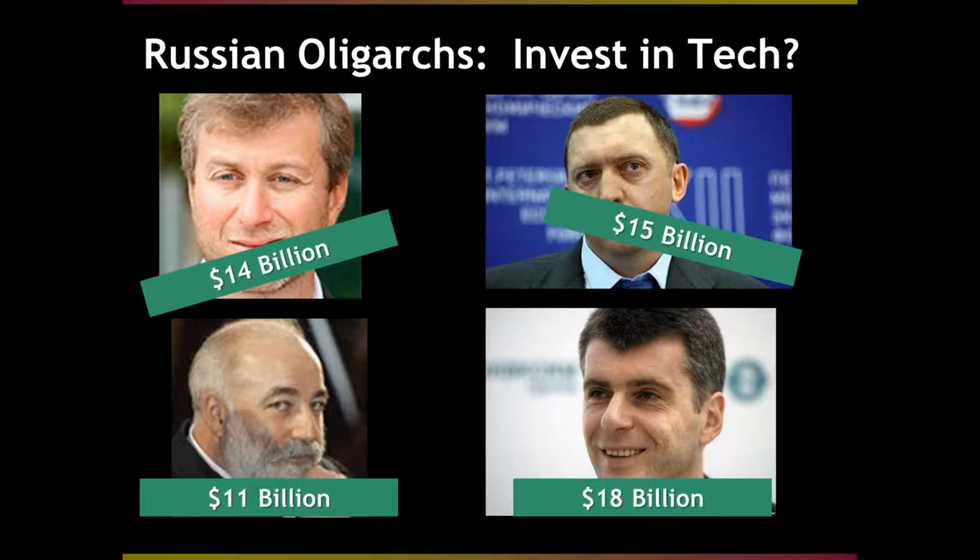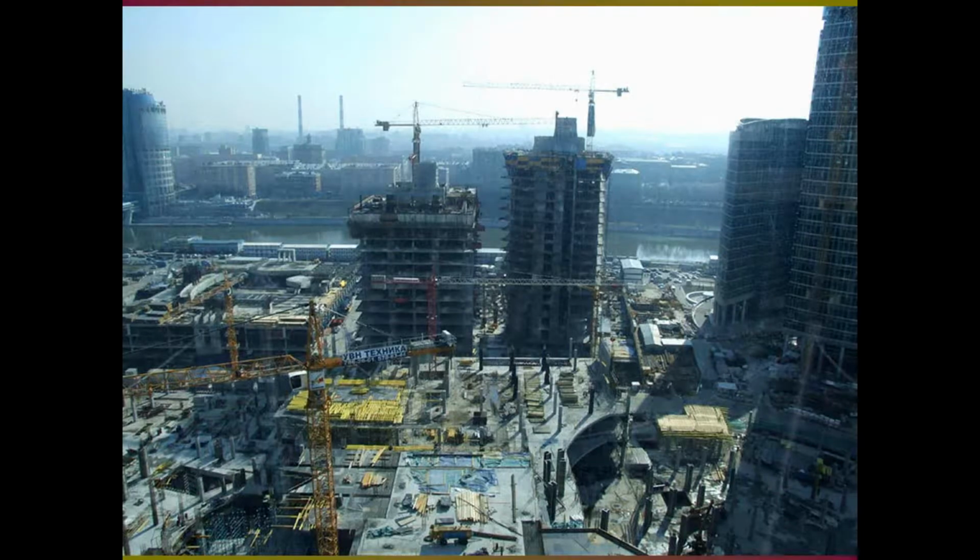A lot of times I ask entrepreneurs, how come these guys are not investing in your technology ventures? They typically tell me one of three reasons. One is they say that they don't take risk. What I like to do is show them this particular project. It's a big construction site in Moscow, and for several years, this site had basically no activity.